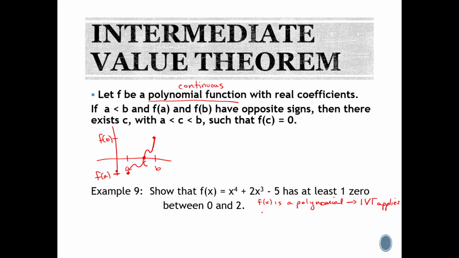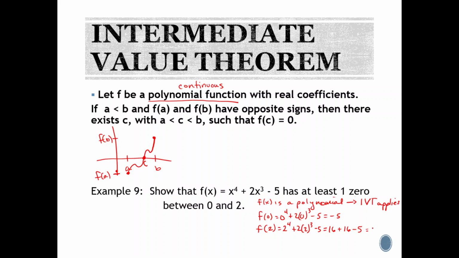Then I go and say, what is f of 0? Well, f of 0 is going to be -5. And then I find f of 2. So that's 2 to the 4th plus 2 times 2 cubed minus 5. That's 16 plus 16 minus 5.